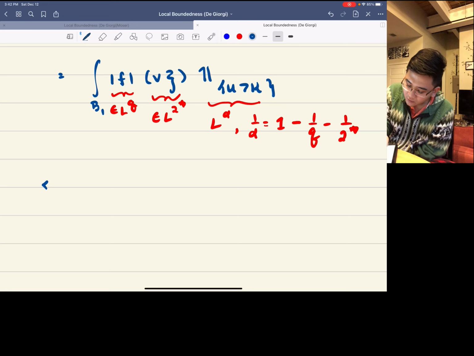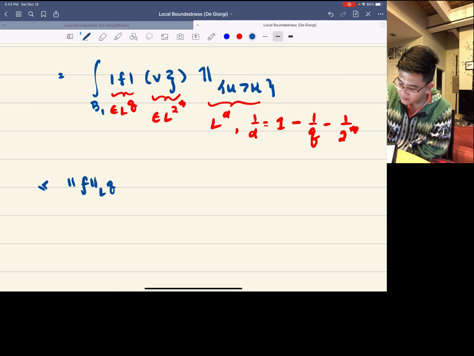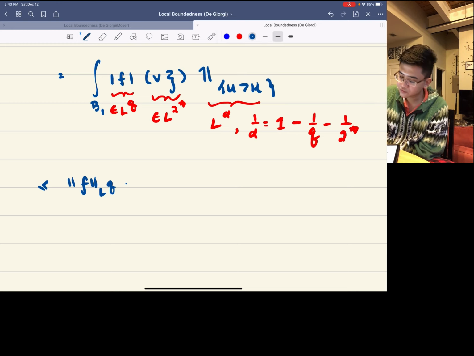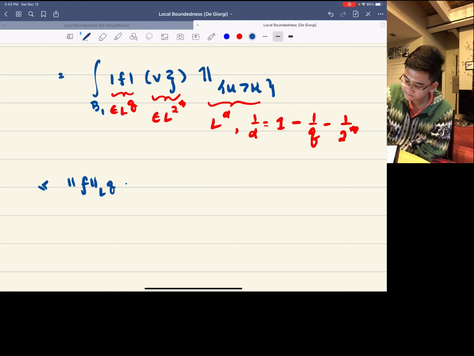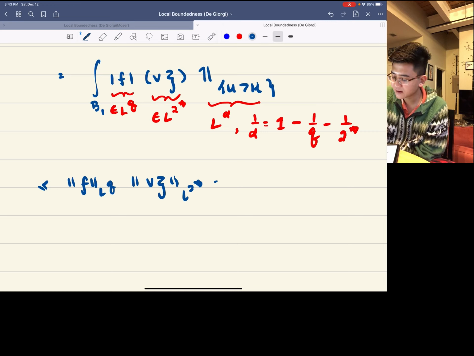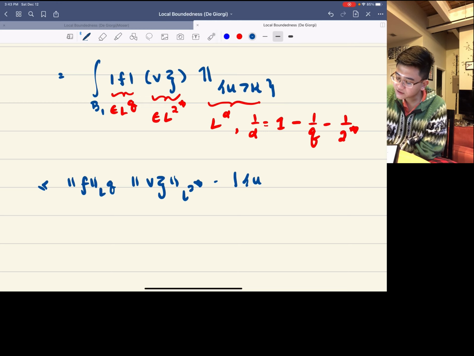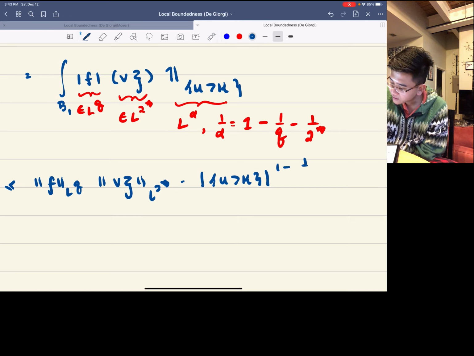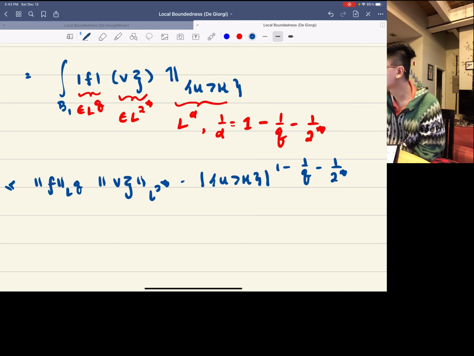So this is less than or equal to the LQ norm of f times the L2 star norm of v zeta times the L alpha norm of the indicator, which is just the measure of the set u bigger than k raised to 1 over alpha, which is 1 minus 1 over q minus 1 over 2 star.